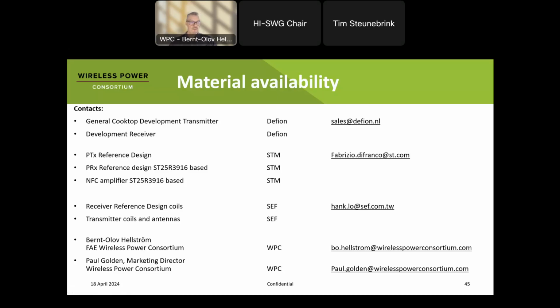I also say that becoming a full member is mandatory. Only WPC members can access the specification and certification. You need to be a member to certify and to receive or use Ki logotypes on the product.